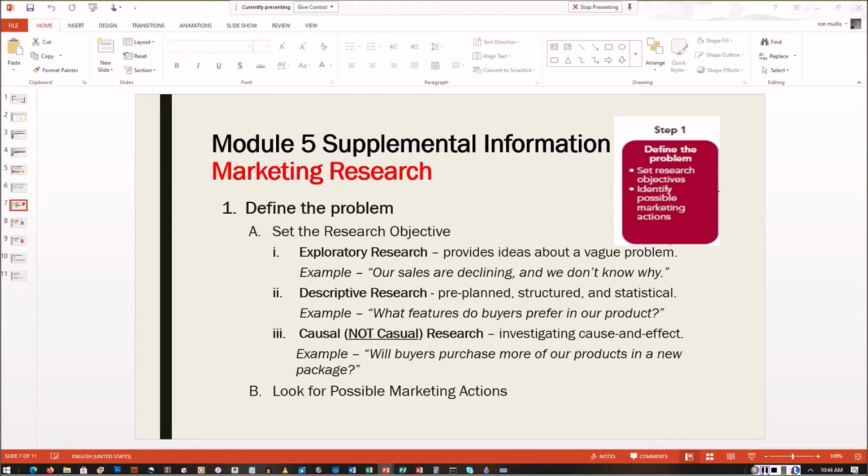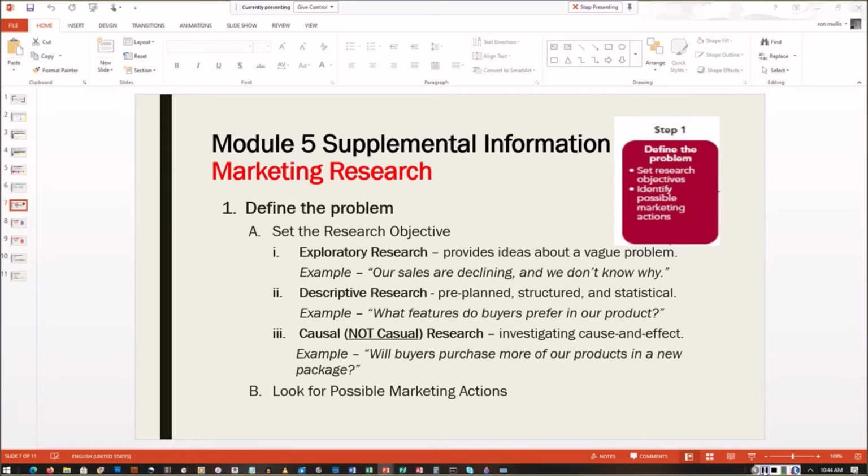There are three main types of marketing research objectives. The first one is exploratory research. When that's conducted, you're discovering different ideas and insights that could help with the larger overall problem.